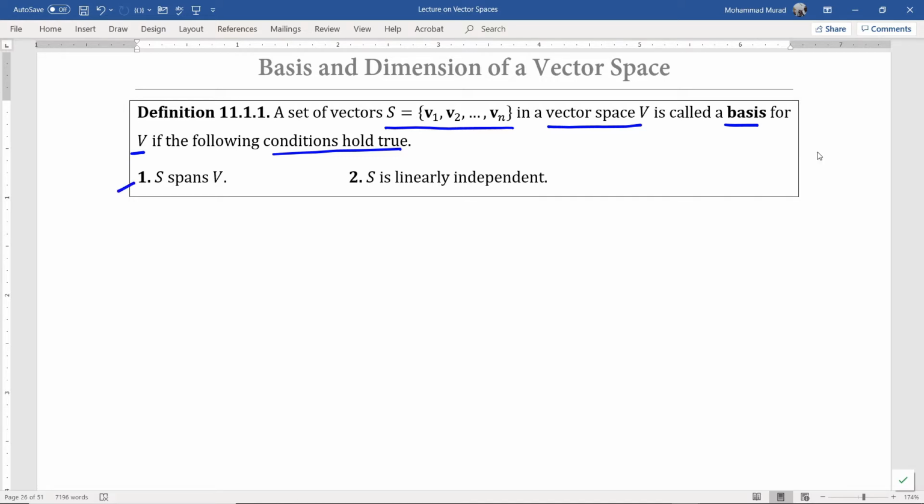The set S spans the vector space V. 2. The set S is linearly independent.